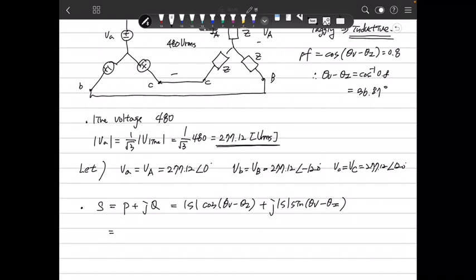We already know the cosine is 0.8, and the sine of 36.87 degrees is 0.6.